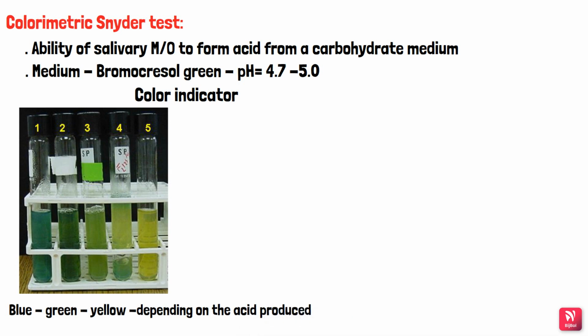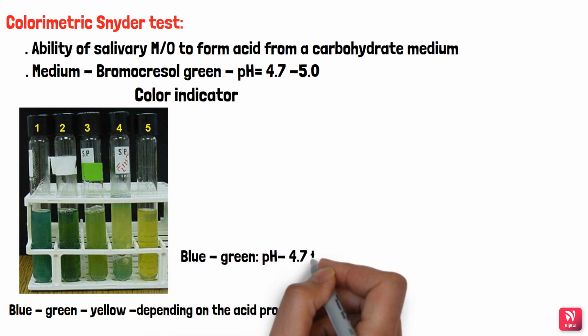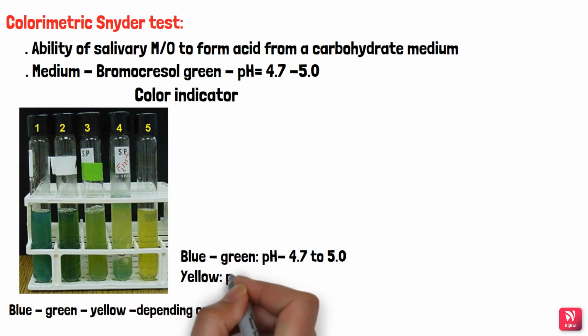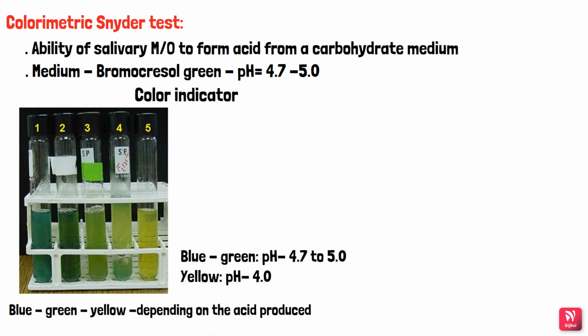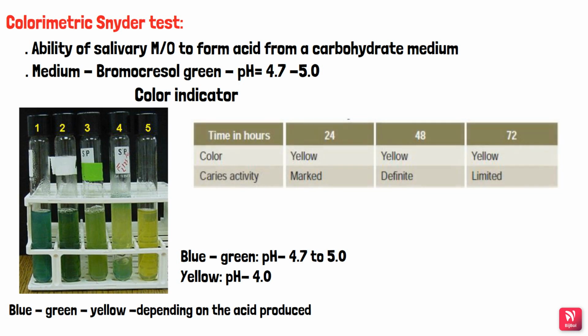Blue to green is seen when the patient's saliva pH is around 4.7 to 5, and if the pH is around 4, then it shows yellow color. If the patient's saliva shows yellow color in the first 24 hours, then there is marked caries activity.